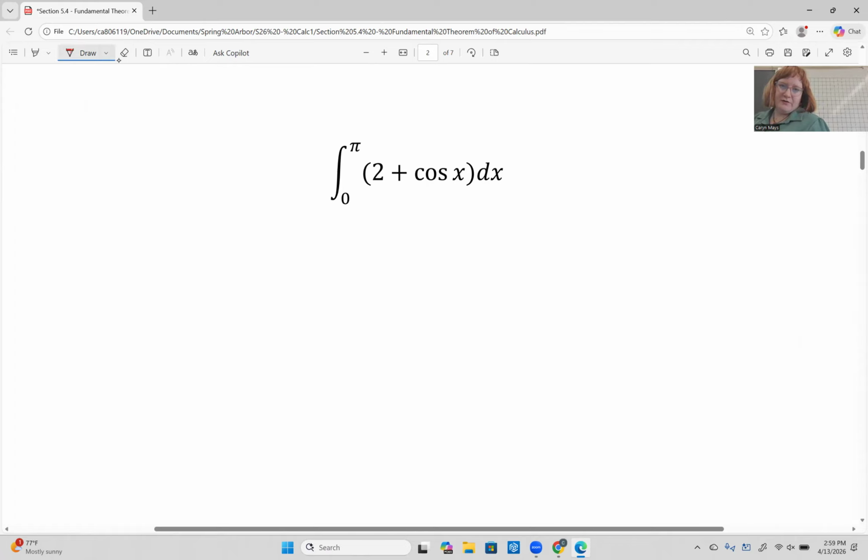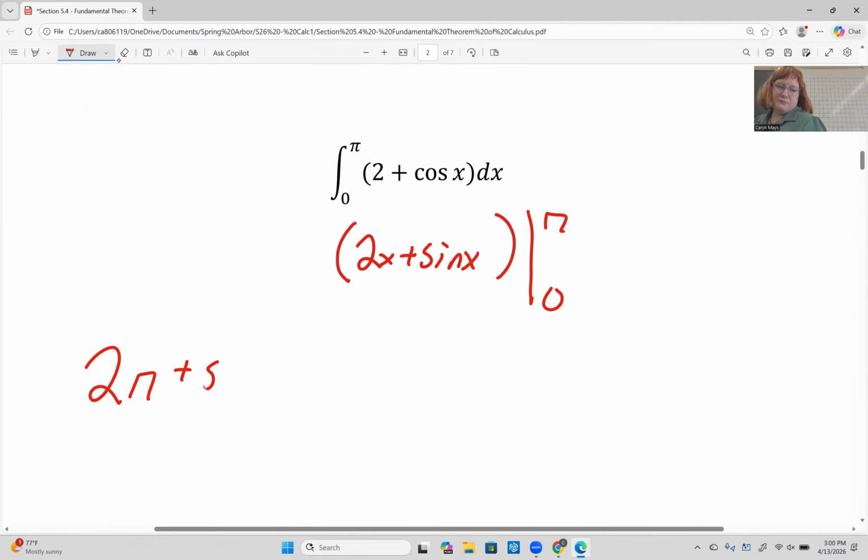What's the antiderivative of 2 plus cosine x? 2x. Derivative of sine is cosine, so antiderivative of cosine is sine. From 0 to pi. Plug in pi. Minus.